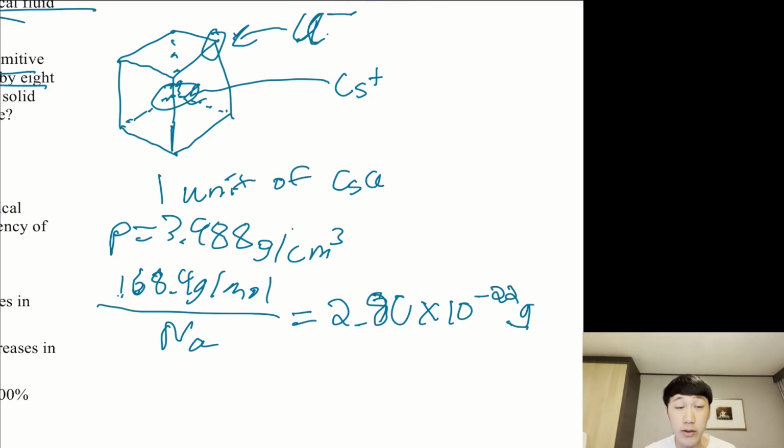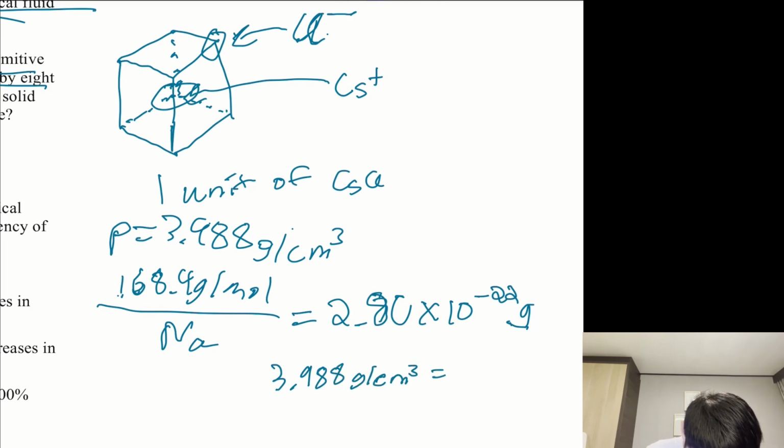And let's calculate the volume of 1 unit cell now, because we have the mass and the density. So we can say 3.988 grams per centimeter cubed equals this mass, 2.8 times 10 to the minus 22, divided by some volume, which we don't know.